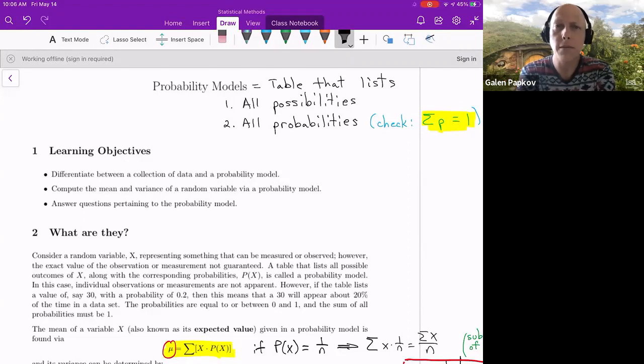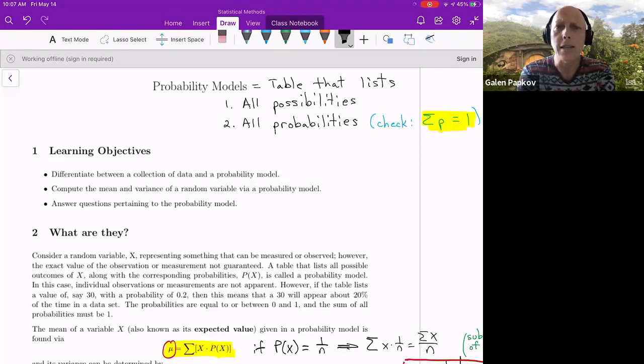It's a different format. In particular, the format that you will have to know that you have a probability model is, instead of a list of observations, what you have is a table that tells you everything that could be observed and the likelihood or probability of each of those observations being seen.